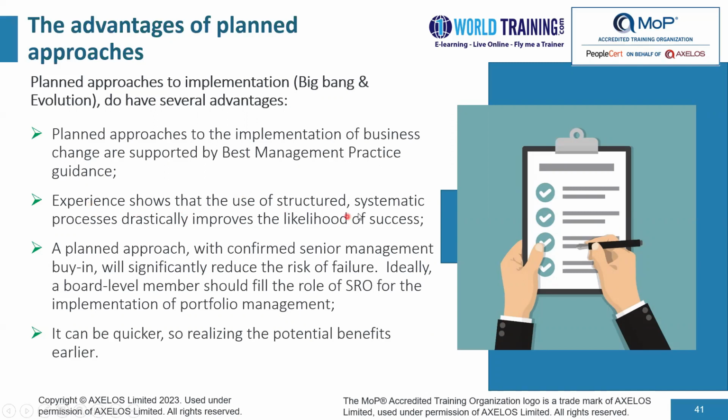Experience shows that the use of structured systematic processes drastically improves the likelihood of success. A planned approach with confirmed senior management buy-in will significantly reduce the risk of failure. Ideally, a board level member should fill the role of SRO for the implementation of portfolio management. It can be quicker, so realizing the potential benefits earlier on. So those are some broad advantages of planned approaches.